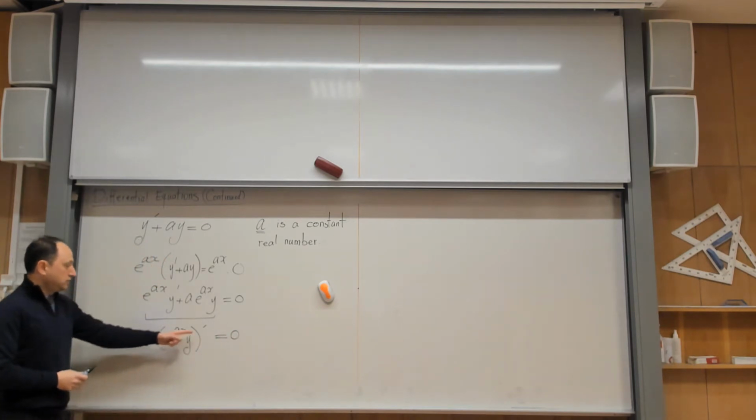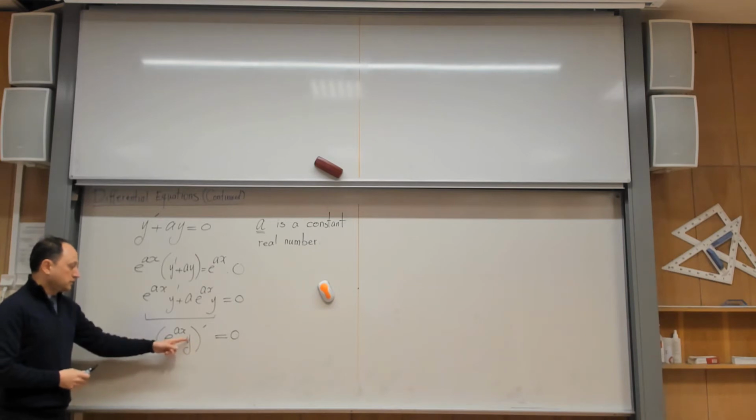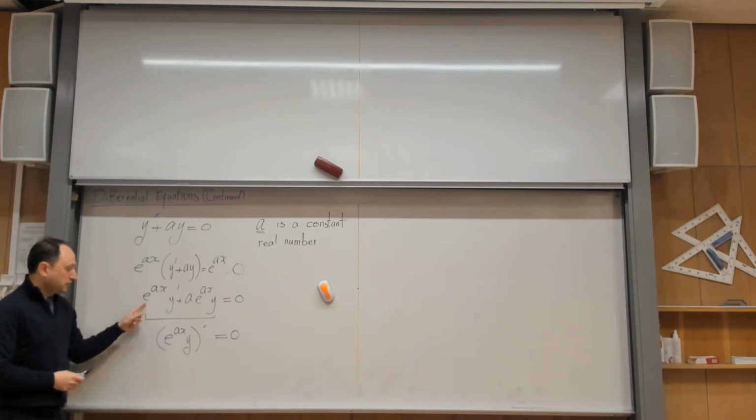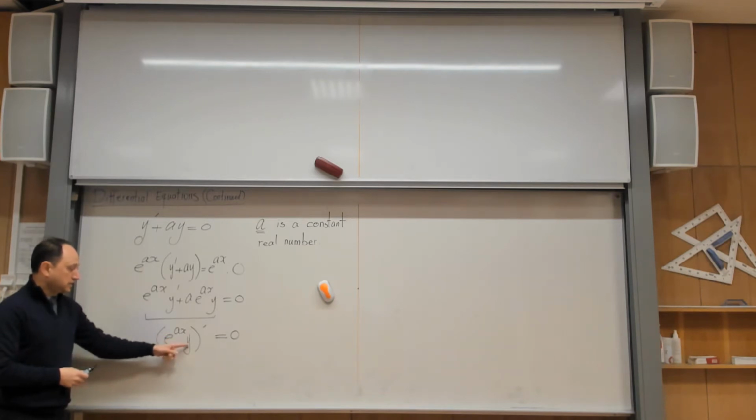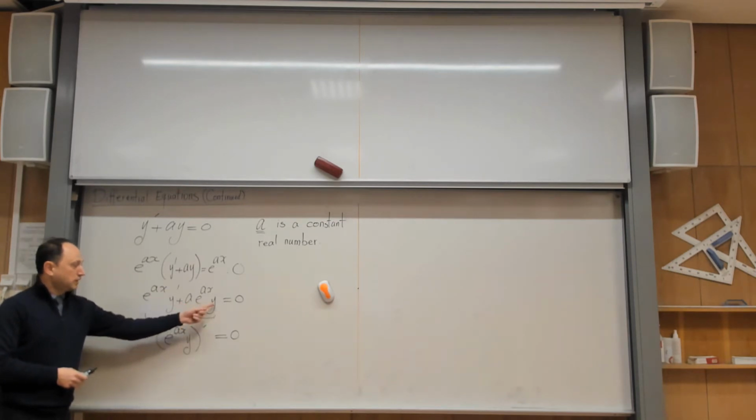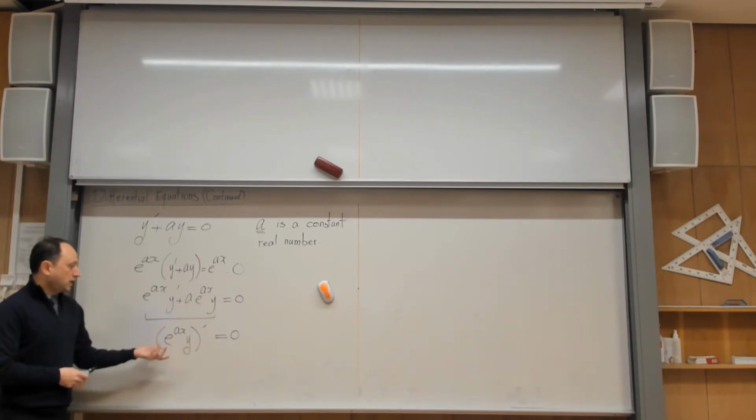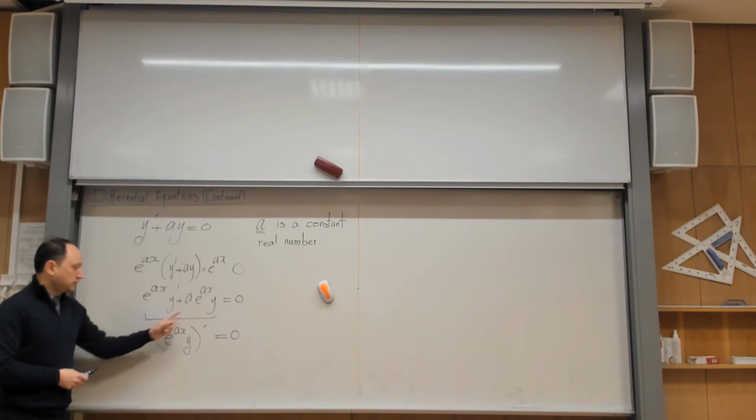Because if I ask you to differentiate this, there is a product of two functions, so you use the product rule: the first one multiplied by the derivative of the second, plus the derivative of the first multiplied by the second function itself. But the derivative of the first function is exactly a times the first. So I hope you agree that what I have written here is exactly what I had before.